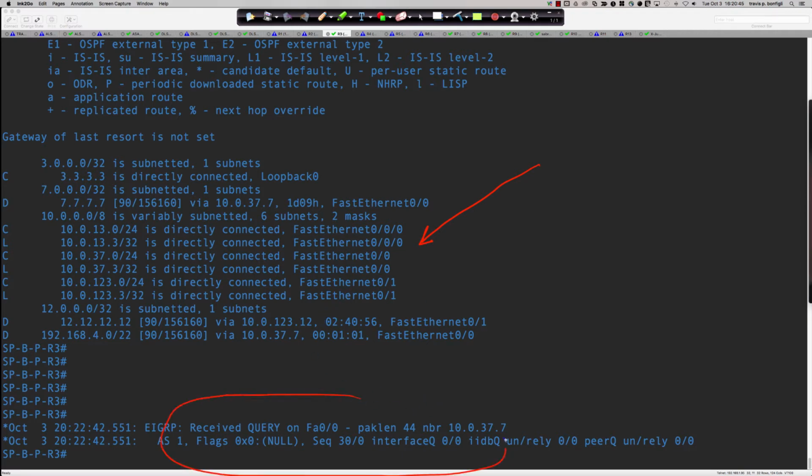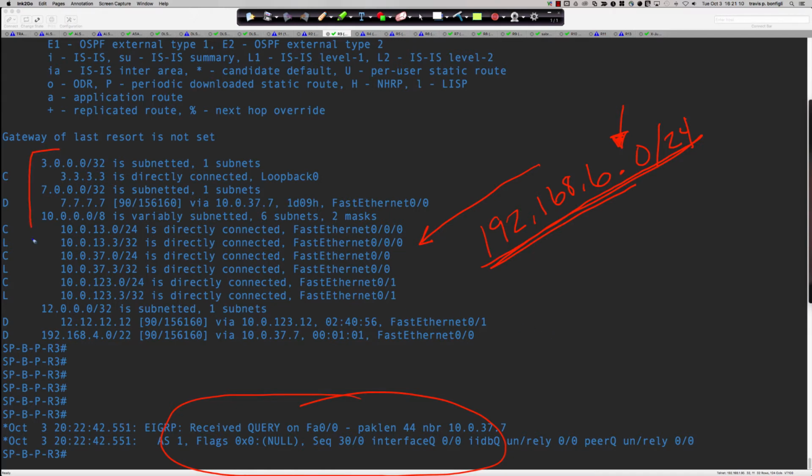This is the routing table on router 3. 7's query packet comes in, and it says, hey, I just lost the 192.168.6.0/24 network segment. Do you know how or have another way to get to this specific network?